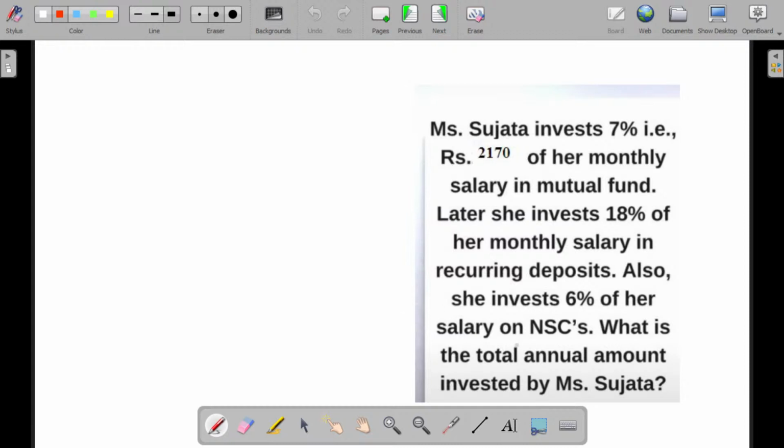It is very important. Total annual amount they are asking. Till now, whatever we discussed, there was a monthly salary. Let's do it fast. 7 percentage of that is 2170 of her monthly salary in mutual fund.